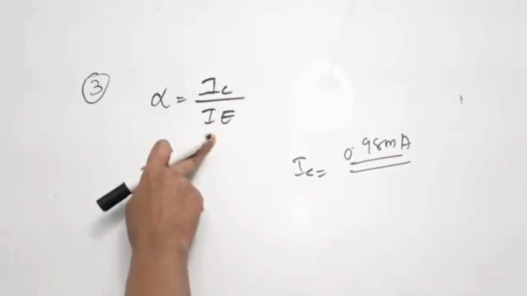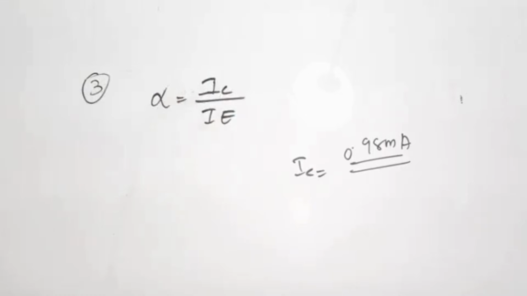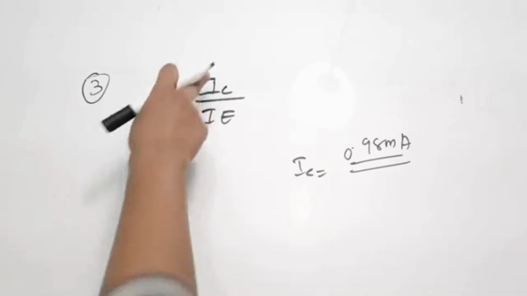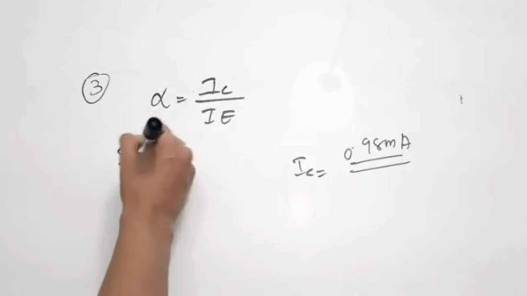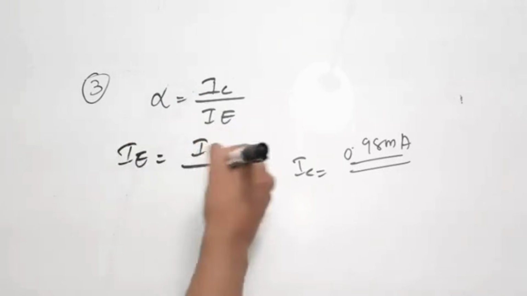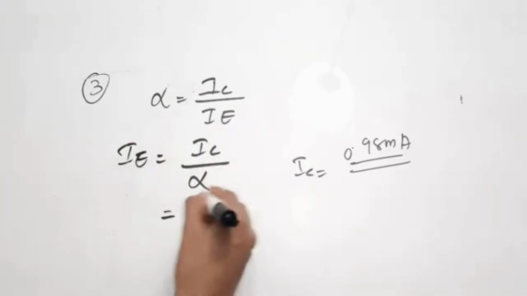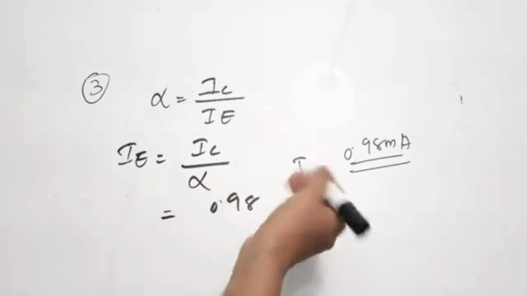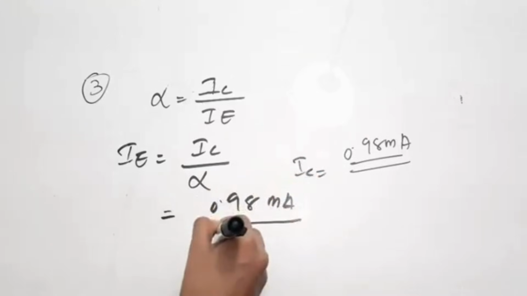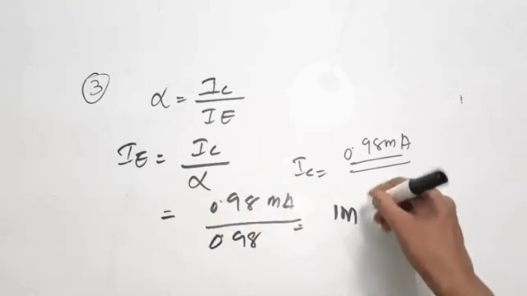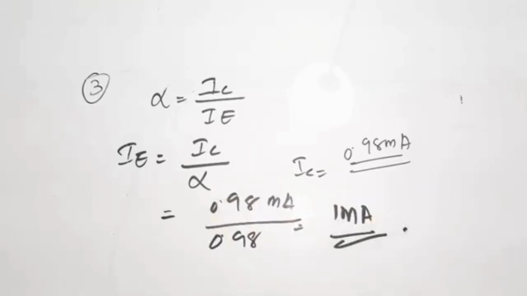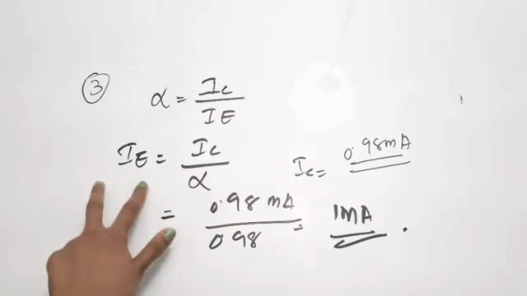The input current is IE, the output current is IC. So the current gain alpha is output by input current, IC by IE. From this relation, we'll find IE by taking IC by alpha. IC is 0.98 milliamperes by alpha equal to 0.98. So the answer is 1 milliampere, the value for your total emitter current.